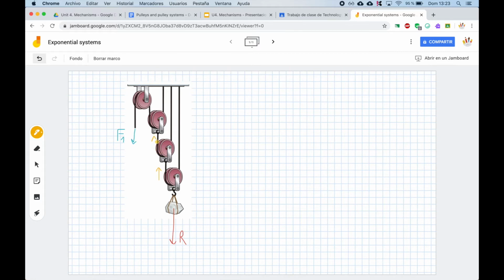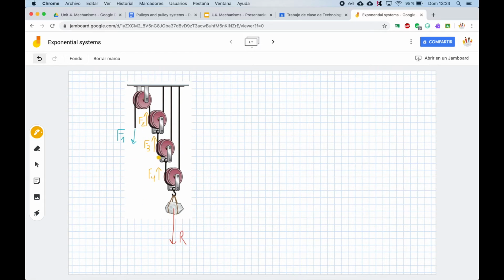Same here, this force in this rope, and same here. So I'm going to name them. If this is F1, I want this to be F2. This is going to be F3 and F4. The length of the arrows is not proportional to their intensity, okay? It's just to let you know where they are.